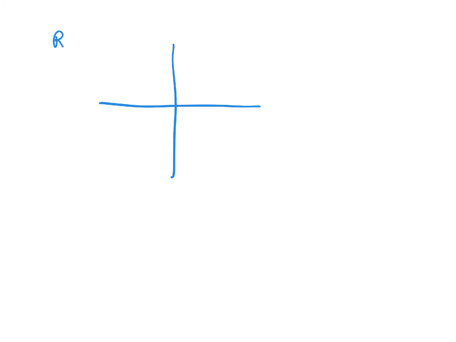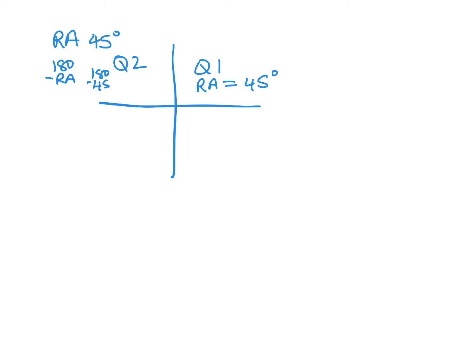So when your reference angle is 45 degrees, remember in quadrant 1, the reference angle is just the angle equals the angle measure. In quadrant 2, it's going to be 180 minus the reference angle. So 180 minus 45, and the angle with the reference angle of 45 will be 135.